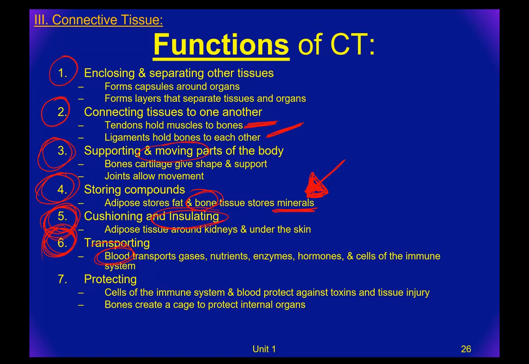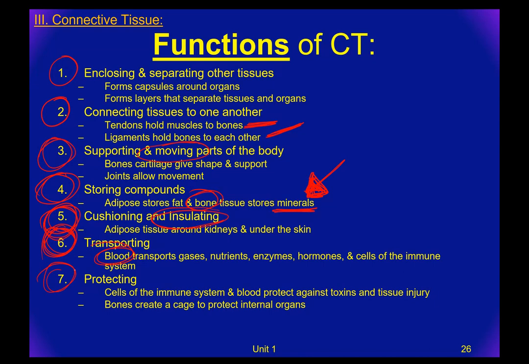It transports carbon dioxide from the tissues in your body to the lungs. It transports nutrients from your intestine to the cells of your body. It transports waste products from the cells in your body to your kidneys so that it can be taken out in the urine. It is ultimately a huge transport system.